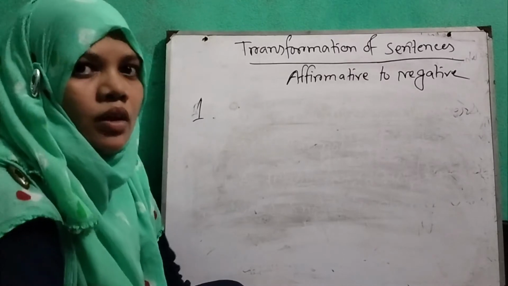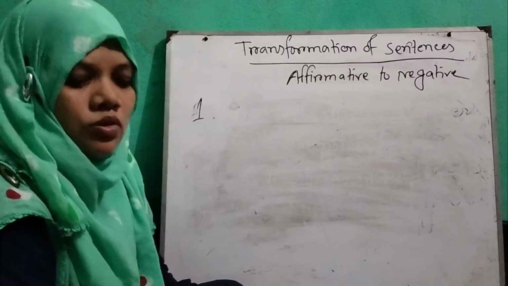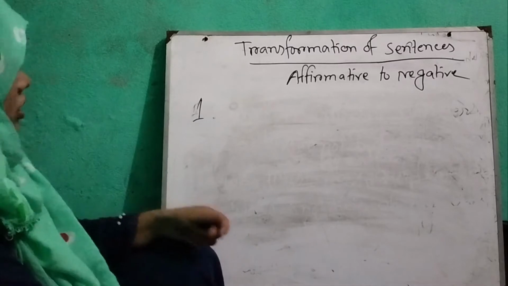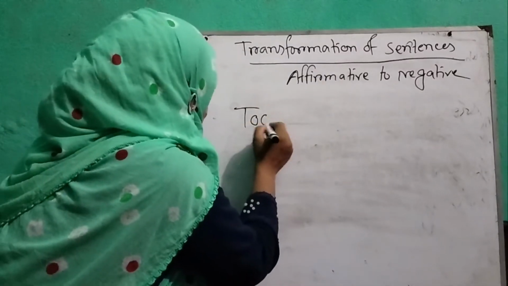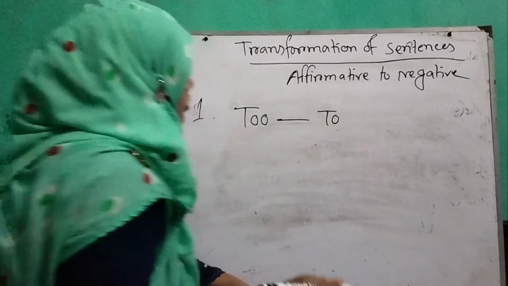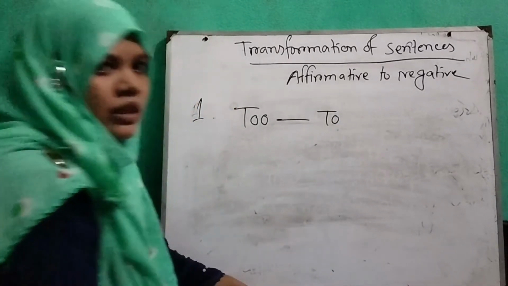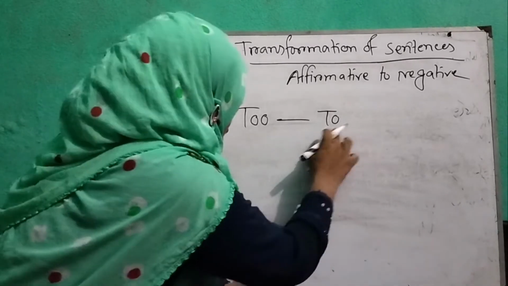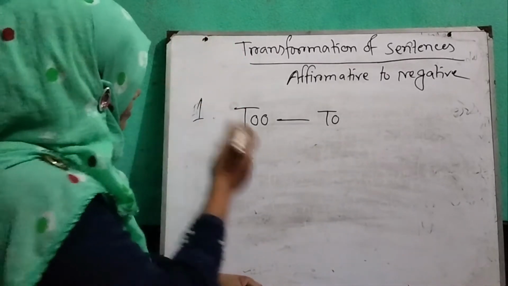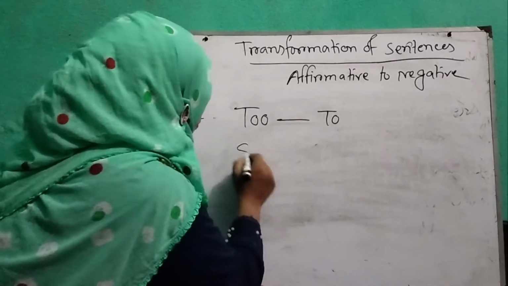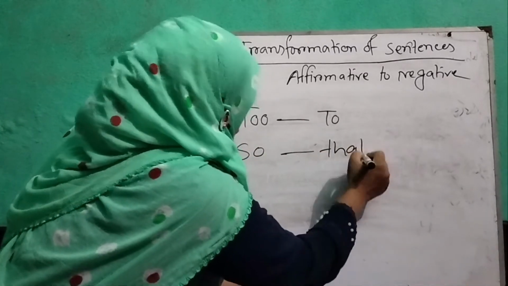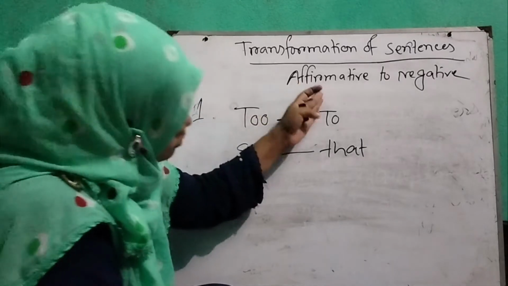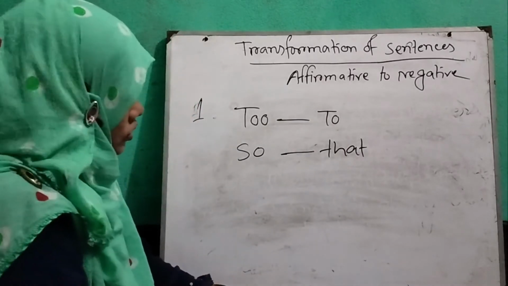So, students, now we are going to practice another rule. If there is too and to in affirmative sentence, then we have to negative. We have to write instead of too, so, and instead of to, that. Okay.